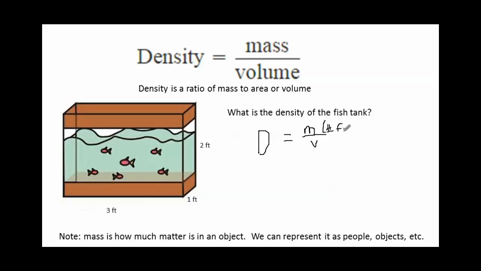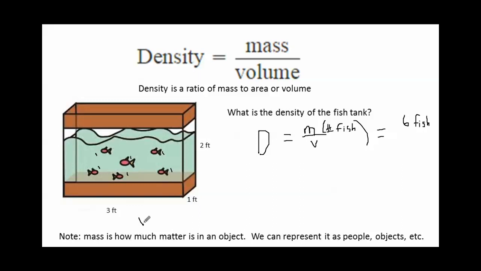I don't have my volume, but again, I can figure out my volume. Volume equals length times width times height. 3 times 1 times 2, that gives me 6. I'm in feet. It's a volume, so it's going to be cubed. So 6 feet cubed.